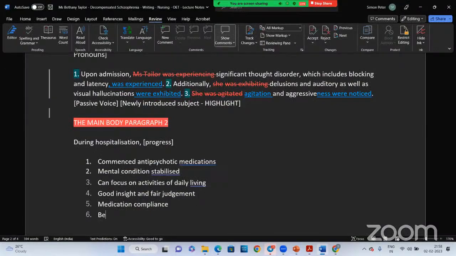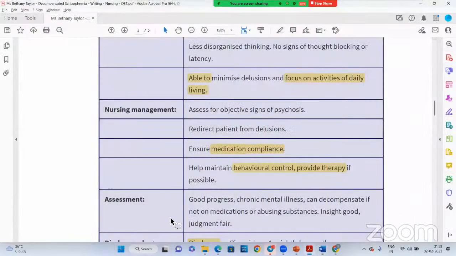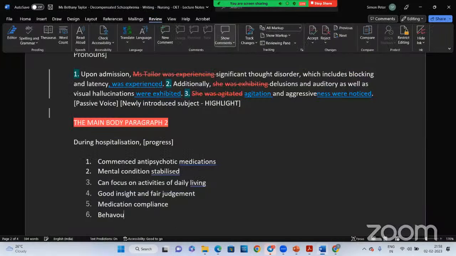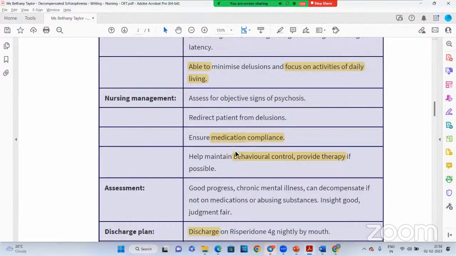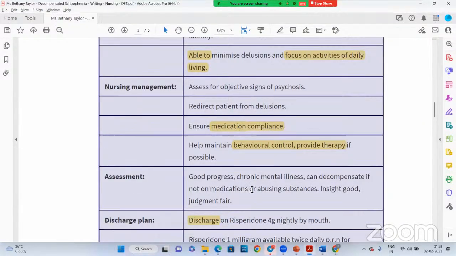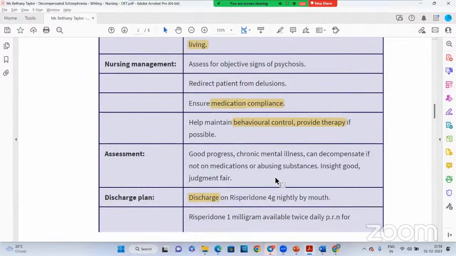Behavior control and therapy. And after all these things, what happened?